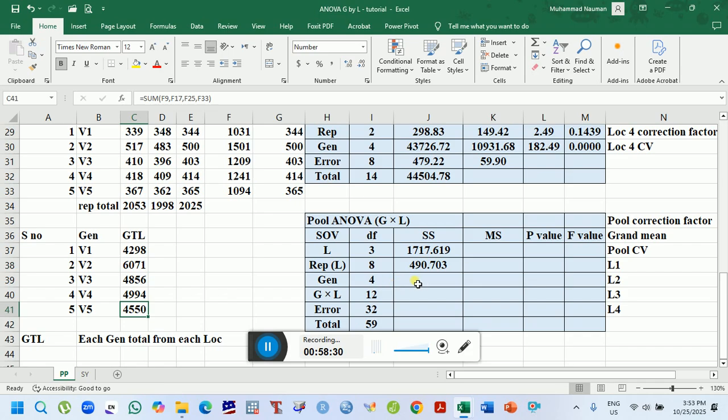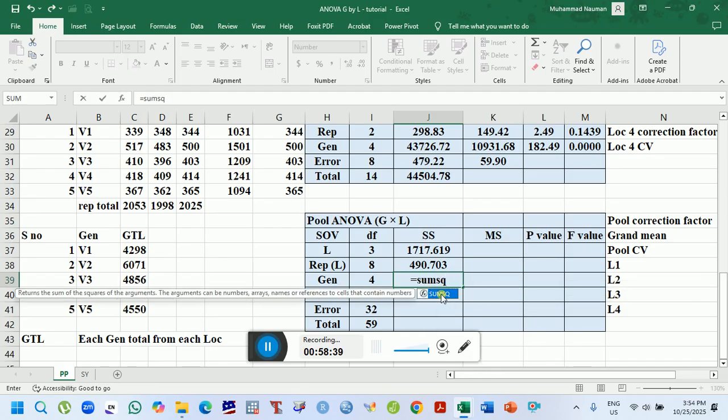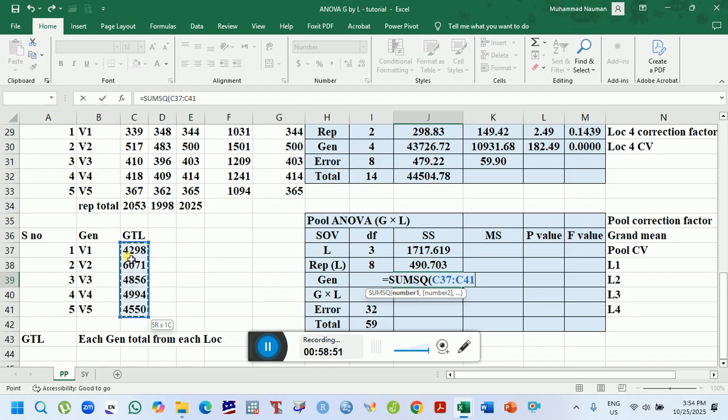Now we will calculate the genotype sum of square is equal to sum of square, SUMSQ. Double click on sum of square, make the selection of this total that we have calculated earlier. Select the range, close the bracket and close this whole term in one bracket. So as you know, we are calculating the genotype sum of square, so the denominator will be replication and location.